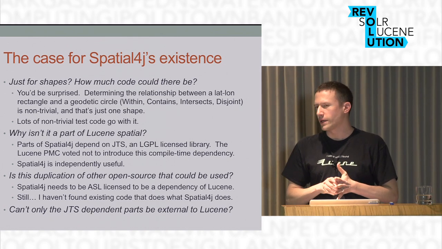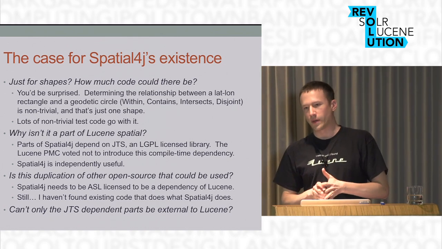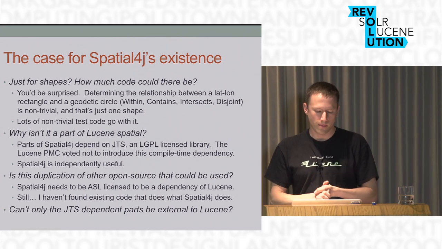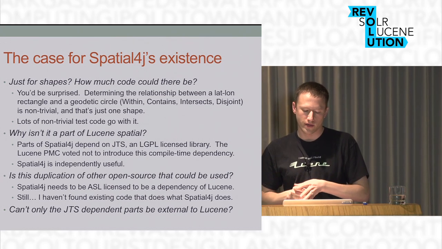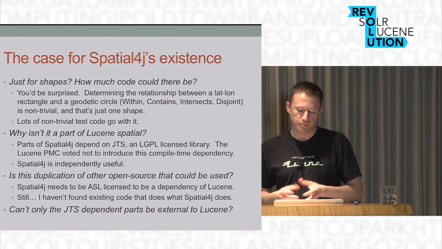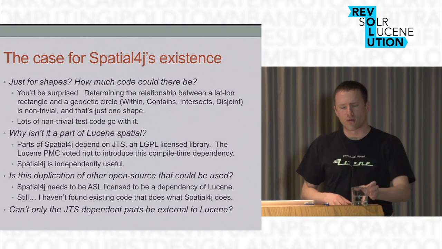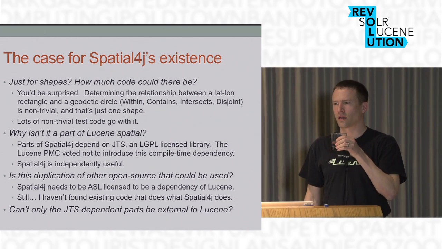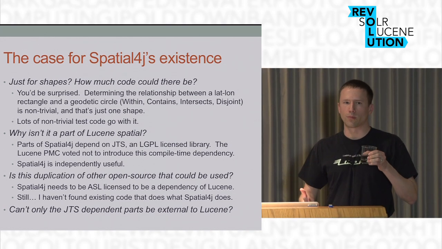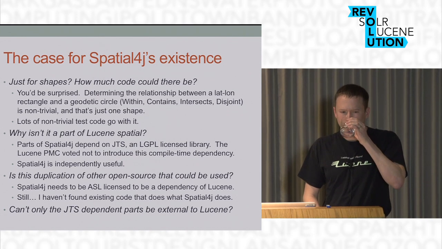Theoretically, Spatial4J is independently useful. In reality, it's only used by Lucene Spatial right now. That may be changing soon with people I know at work. I don't like to duplicate other code. I like to look out to see what's out there that does something that I want to do. There's so much rich open source out there, why would you want to reinvent the wheel?